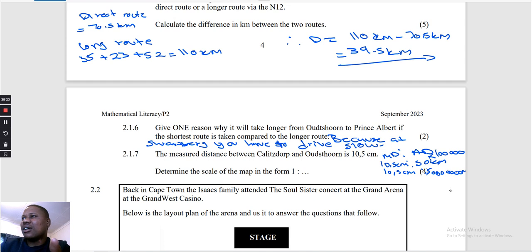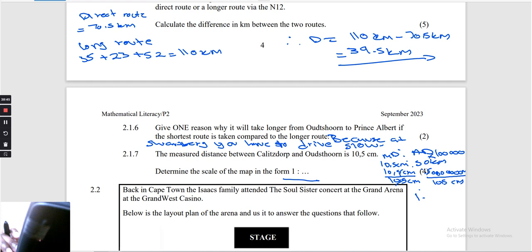These are the centimeters. Now, because we want the scale to be in the 1:2 form, we need to remove the whole numbers here. We need to remove everything. So we're going to divide both sides by 10.5 centimeters. And we come here again, we divide by 10.5 centimeters. So this will cancel, this will remain with 1.